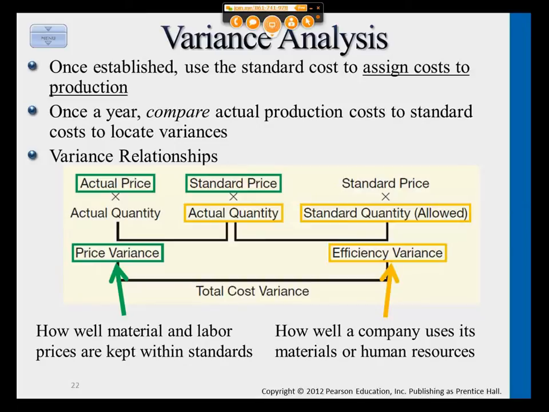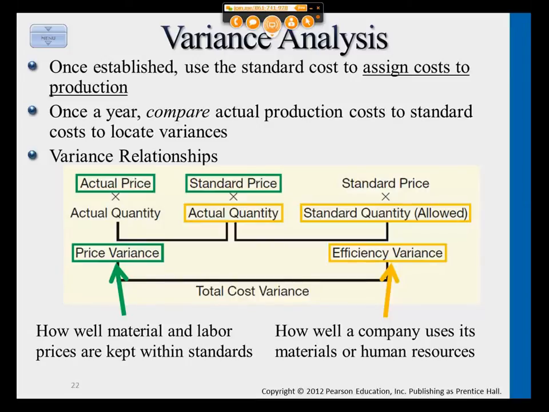By multiplying each related number, either the actual or the standard price or quantity, we can find our price variance, efficiency variance, and the total cost variance.